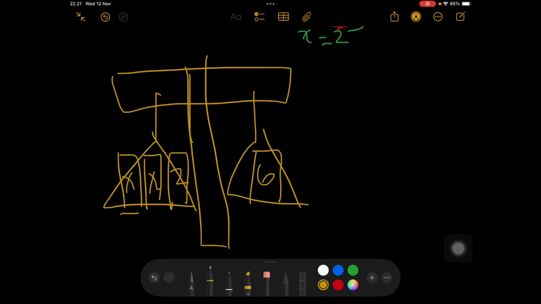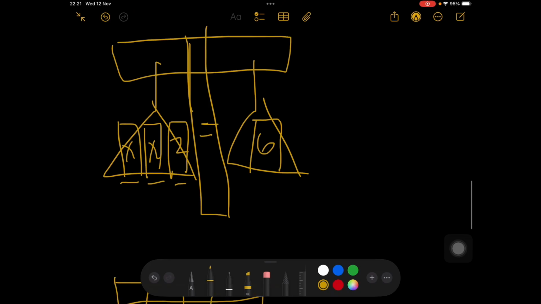So here there are 2 x's. There's 1, 2, and they are equal to 6. To do this one, we want to get the value of this 1x. So structurally, it's 2x plus 2 equals 6.